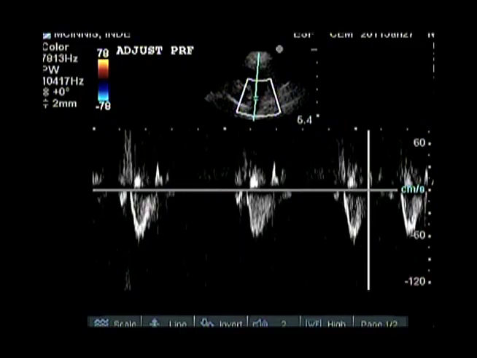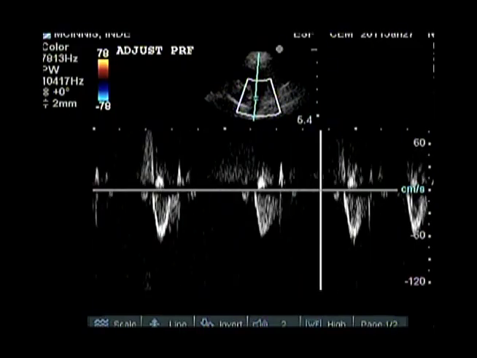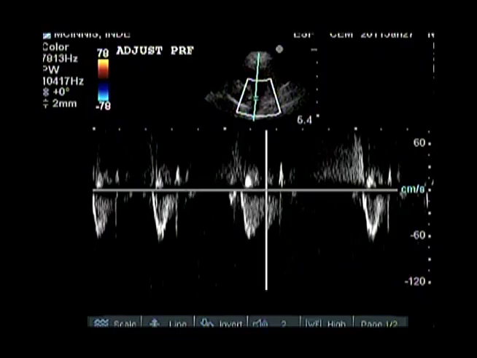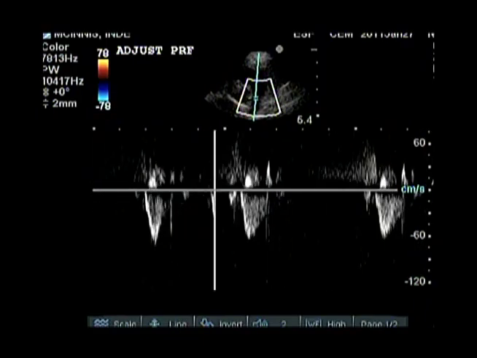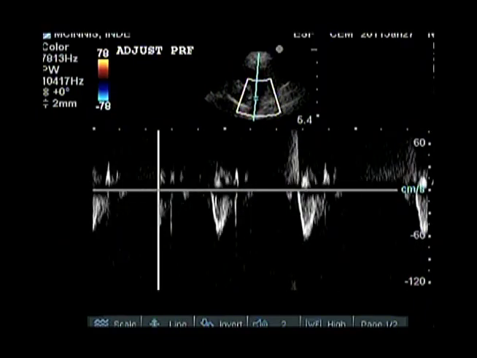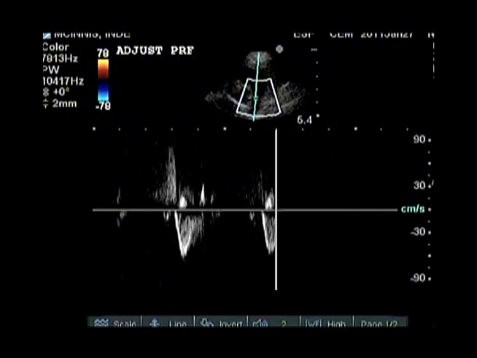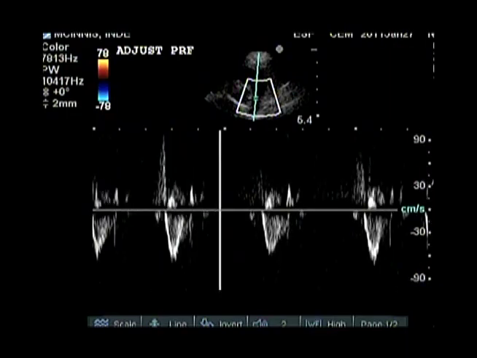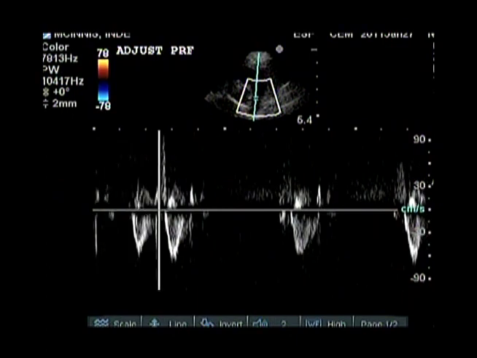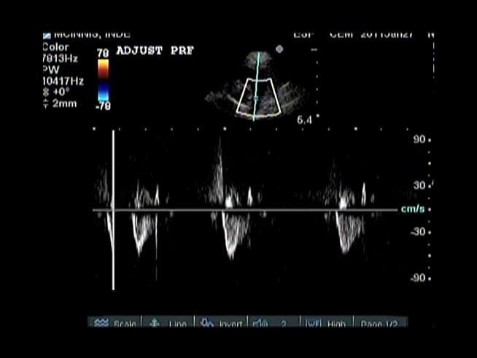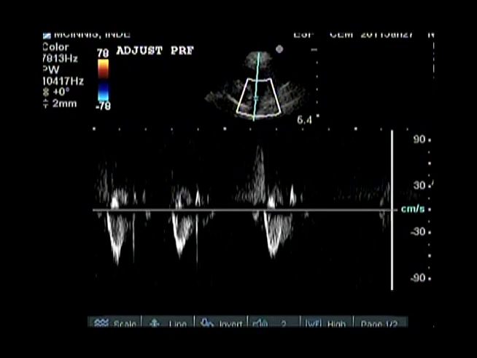By moving the baseline and increasing the PRF, you can increase the measurable blood flow velocity in pulsed wave Doppler to as much as 1.5 to 4 meters per second, depending on the ultrasound machine you have.